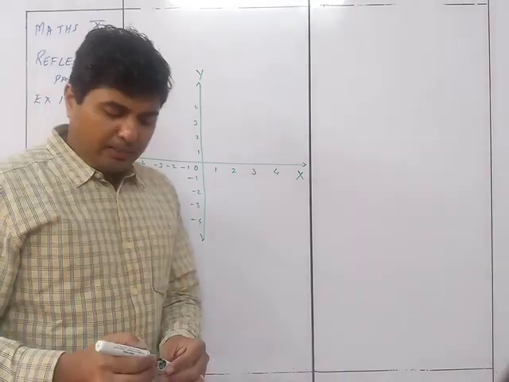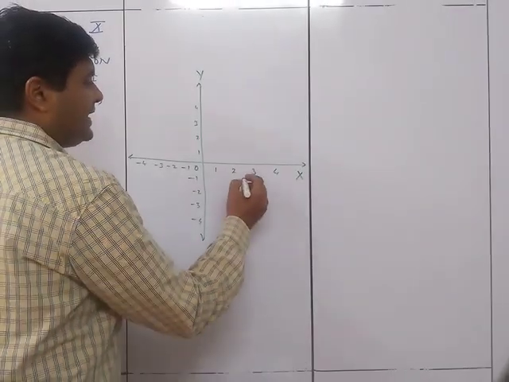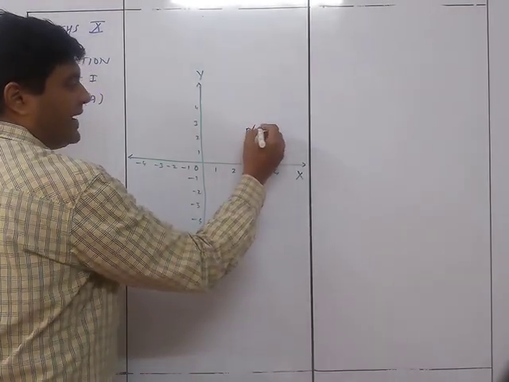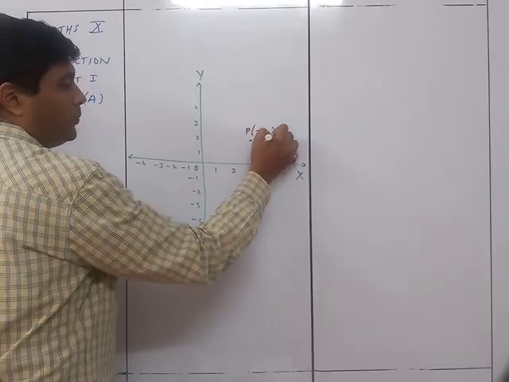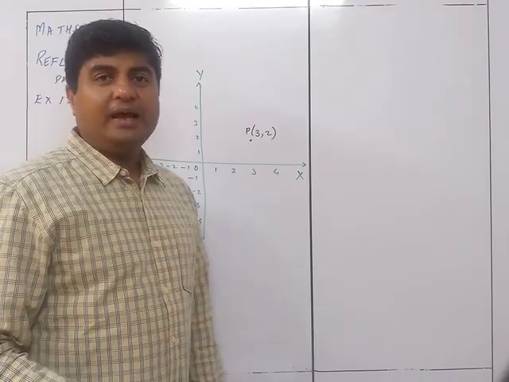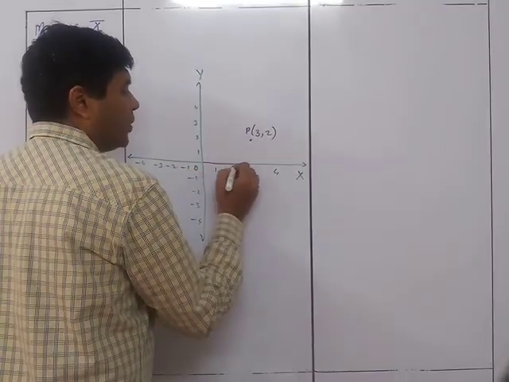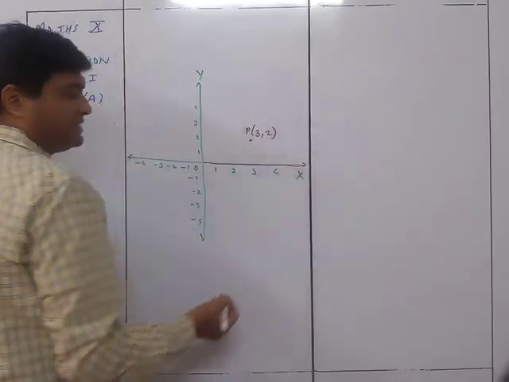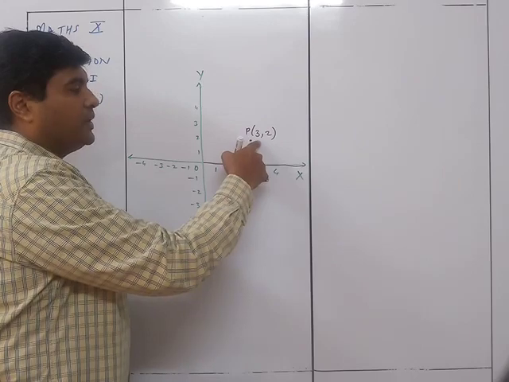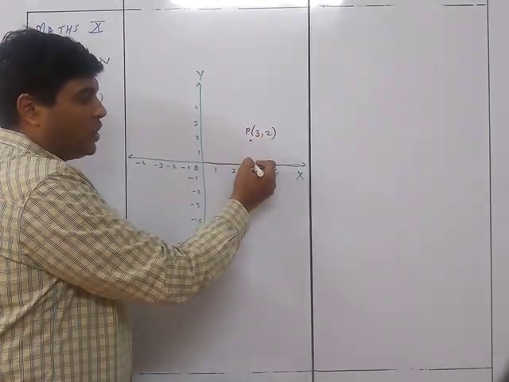So when we have a graph in this form, suppose I take a point over here, point P, given as (3, 2). Now if I say that I have placed a mirror over here in place of the x-axis, then what will happen? I can see the image of this object at the same distance on this side.